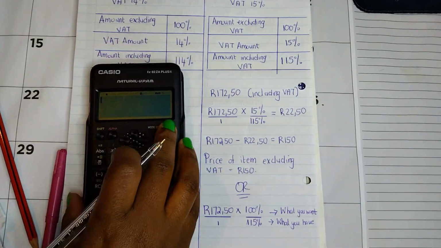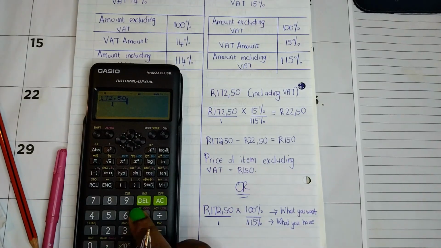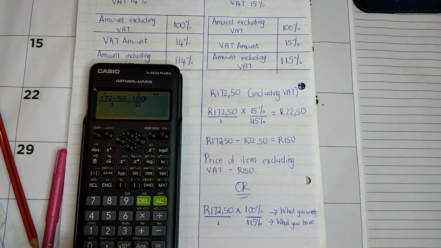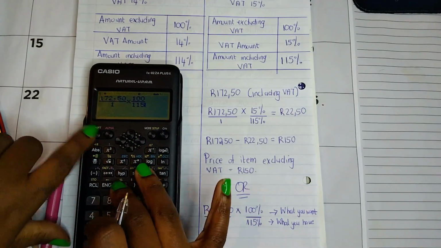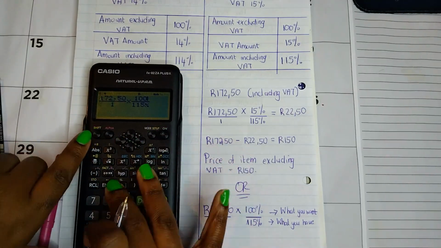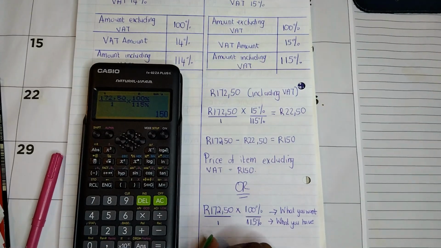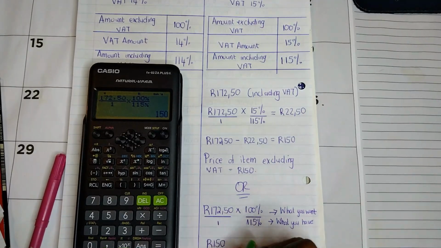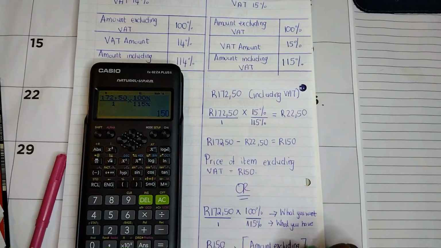Okay, you punch that into your calculator: 172.50 over 1 multiplied by 100 over 115. You can add the percentages or leave them out because they will cancel in any case, but I'll put them there. So you'll get 150 Rand, and this is the amount excluding VAT, okay?